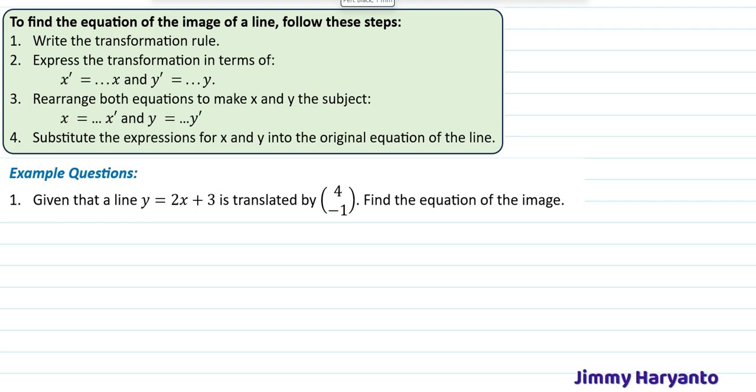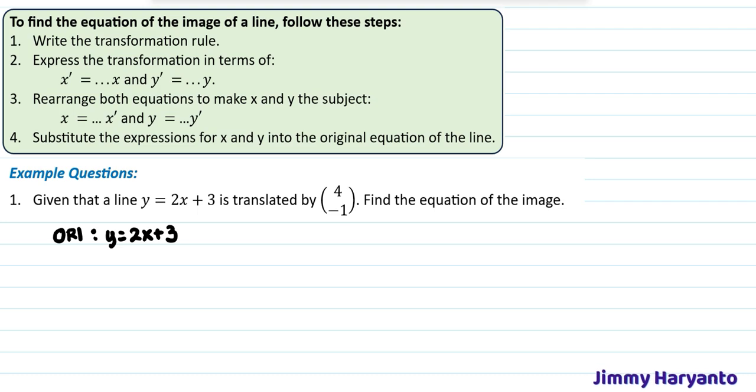Okay, let's take a look at example question 1. For question 1, the original line is y equals to 2x plus 3, and then this line is translated by 4, negative 1.